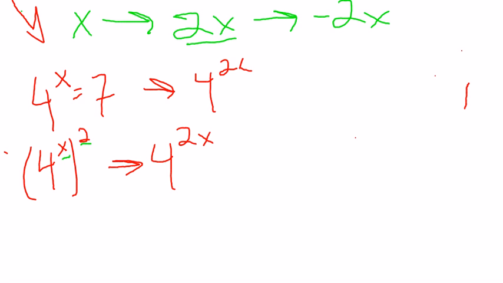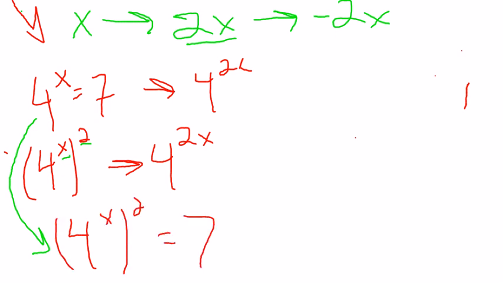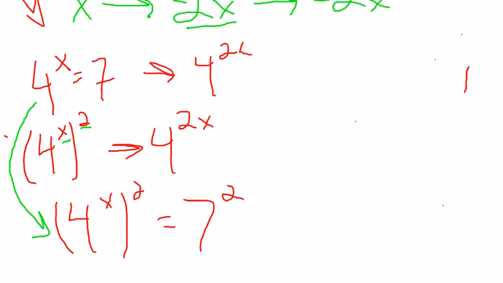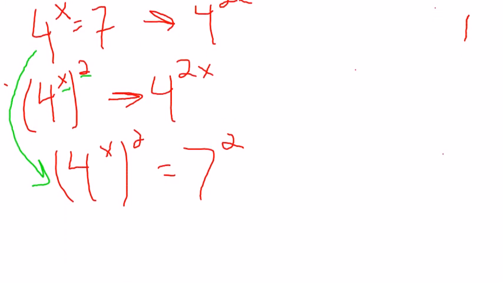Alright, back down here. So, I need to square both sides. I just, in the line above, did the work for the left-hand side here, so I know that the 4 to the x squared is 4 to the 2x. 7 squared, that's easy, that's just 49.